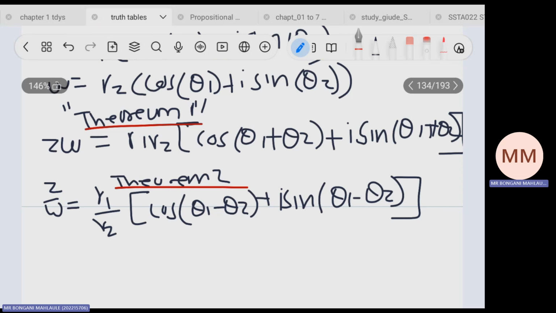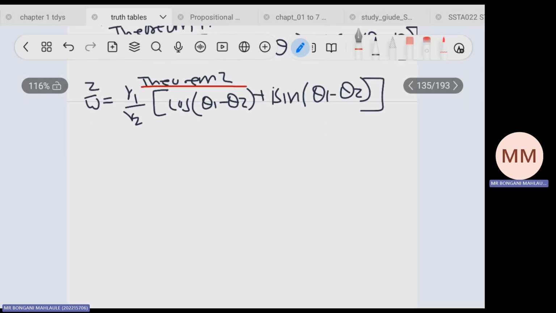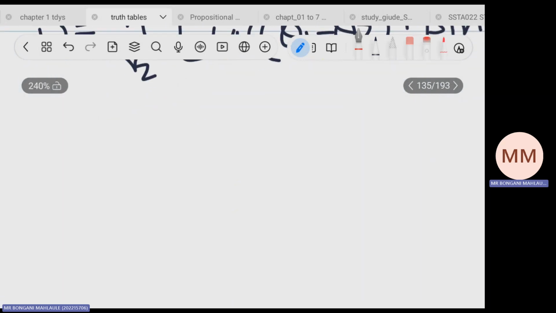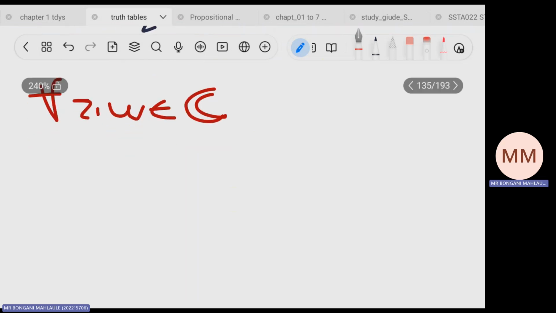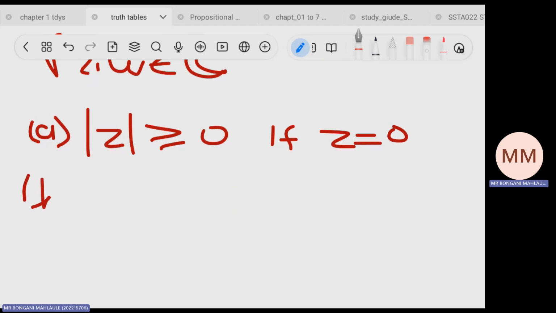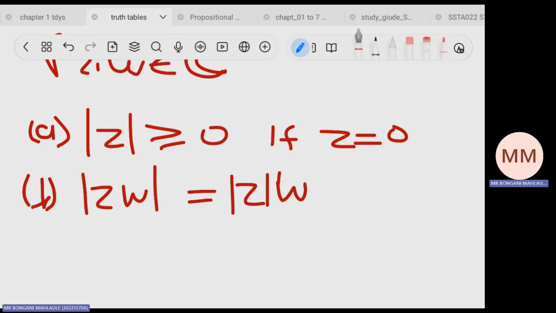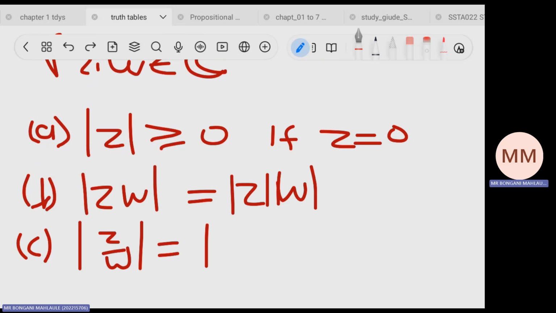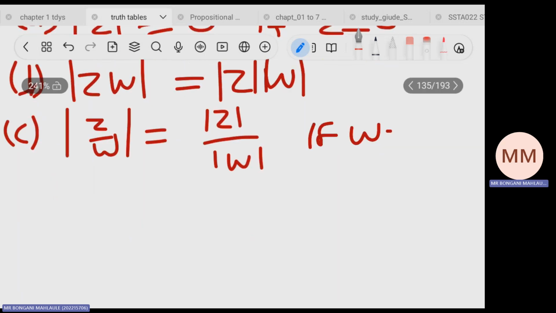And theorem 1, we'll be required to prove that. Then the other properties. So for all z, w being an element of complex numbers, the modulus will satisfy that the modulus of z will be greater than or equal to 0. If z is equal to 0, then the absolute value of this will be the same as this. Z over w will be, so these are just some of the general properties, if w is not equal to 0.